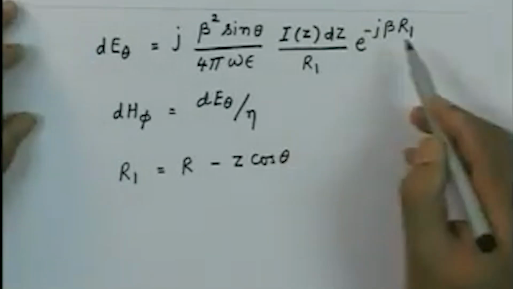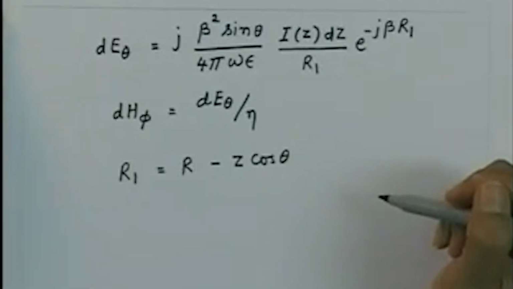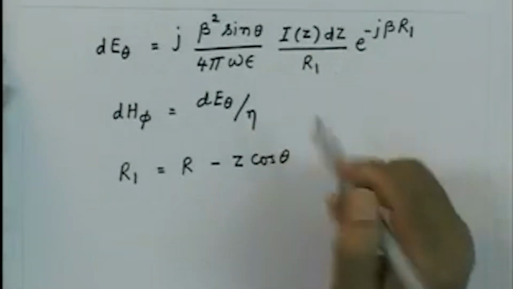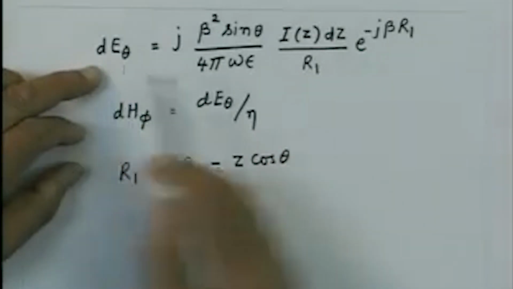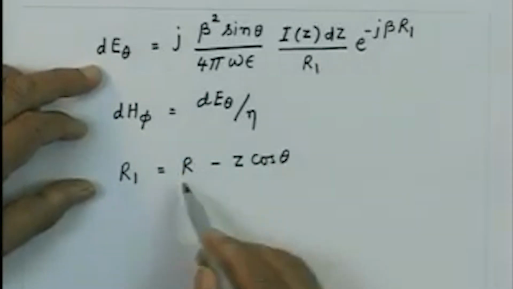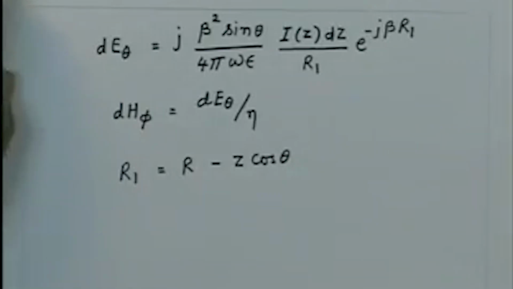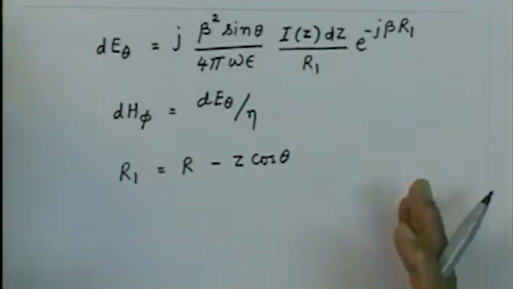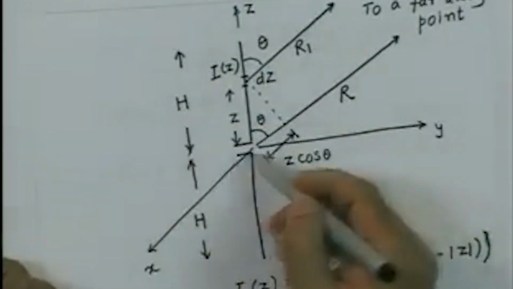Now, if you look at these two quantities here, one is this one which is coming in the denominator, here the r is coming in absolute term. What it means is that the electric field now is going to change equivalent to replacing this r1 by r. If I do that, then there will be a correction which will be coming due to this quantity. Now, since we are considering a distance which is very far from the antenna, the maximum z we can have on this antenna which is equal to h, this h is much smaller compared to r.